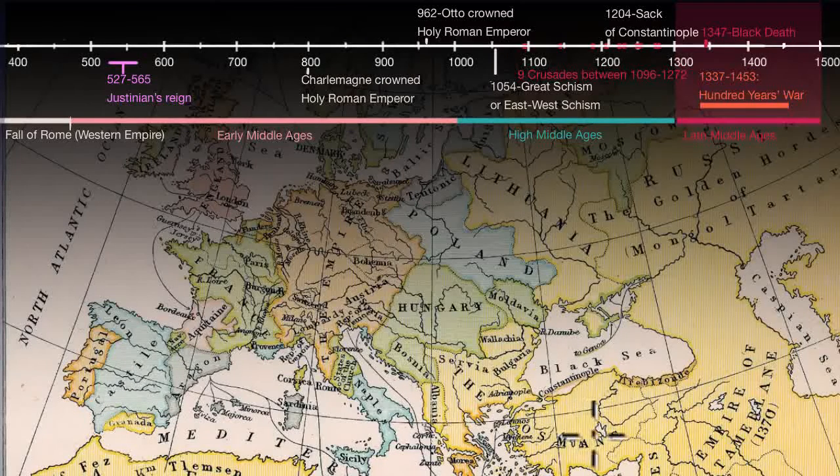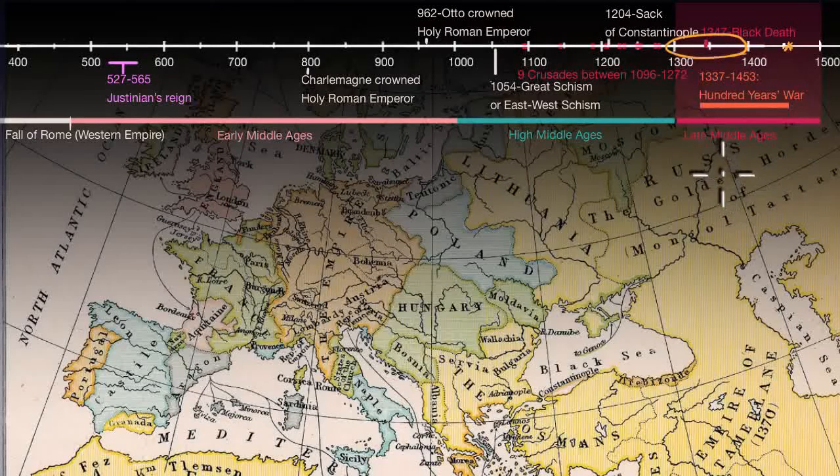Most of the Byzantine Empire has now been taken over by the Ottomans, save Constantinople. Constantinople eventually falls in 1453. This map right over here is roughly what Europe looked like in the 14th century. So this period right over here, Constantinople falls in 1453, ending the Byzantine Empire formally.